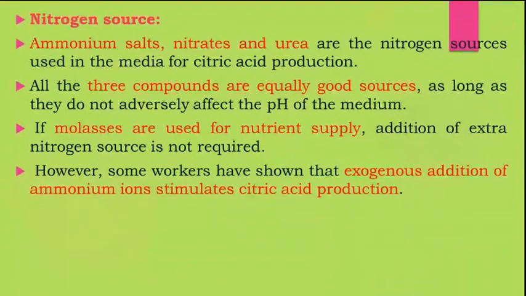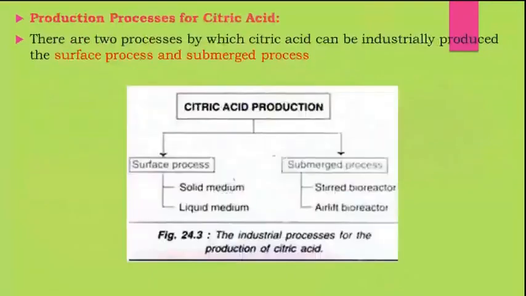Okay. Then, what are the possibilities of production processes? First one is the surface process, and another one is the submerged process. So the surface process depends upon either solids or liquid. The organism will hang on to the solid surface or the liquid surface and start growing on it.